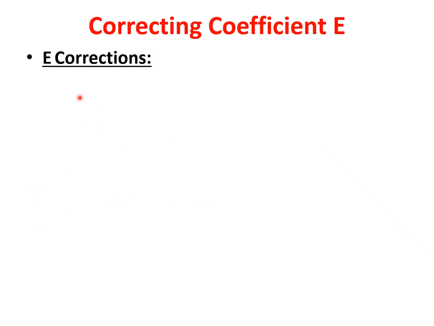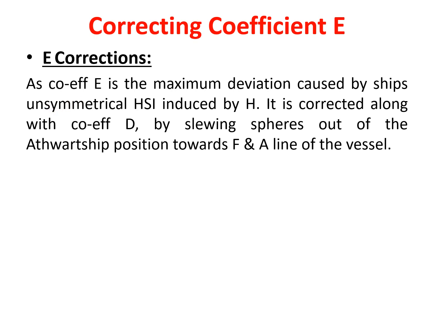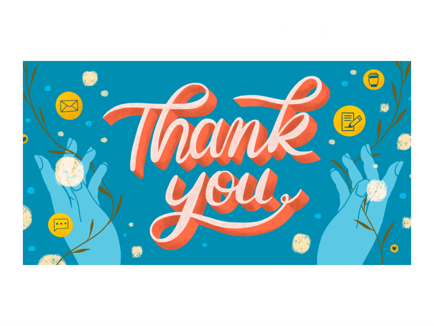And coefficient E is the maximum deviation caused by the ship's unsymmetrical HSI induced by H. It is corrected along with coefficient D, and we'll correct it by slewing the spheres out of the athwartship position towards the fore and aft line of the vessel. However, we will not find coefficient E on a normal merchant ship, right?